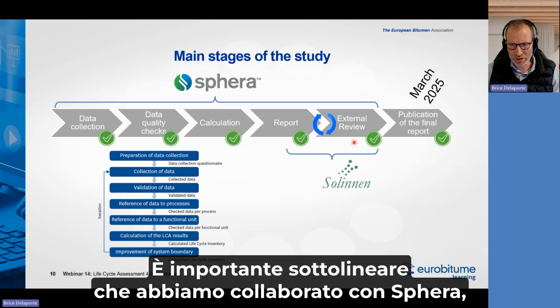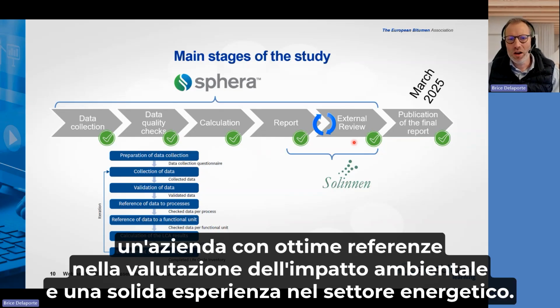It's important to mention that we worked with the company Sphera, which has good references in environmental impact assessment and extensive experience in the energy sector.